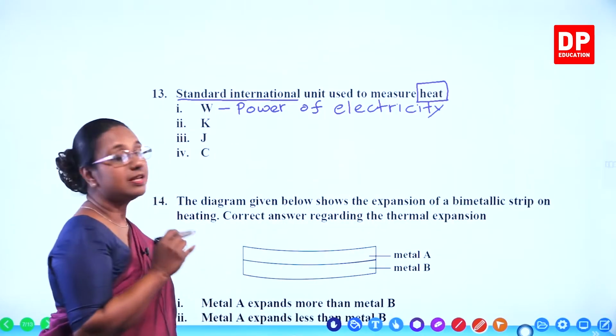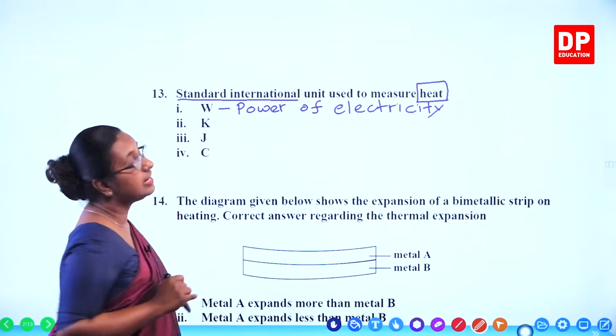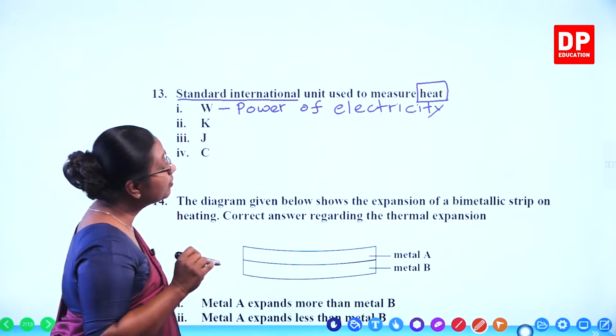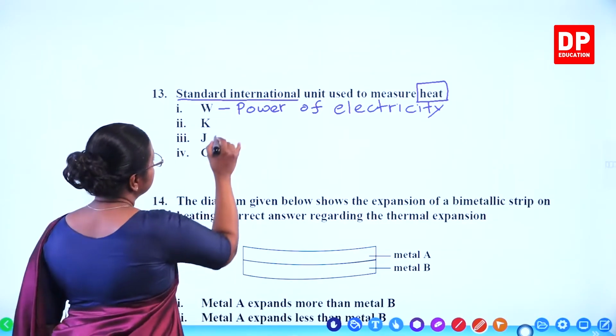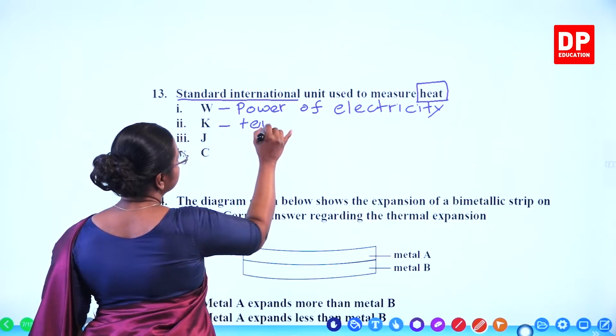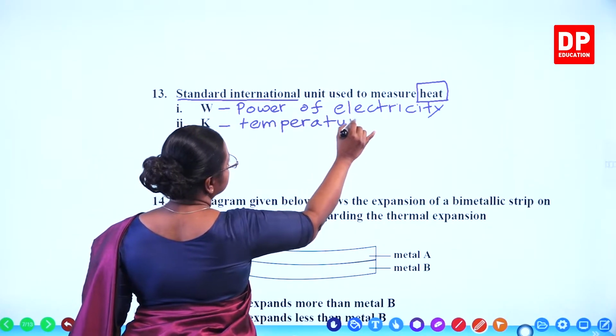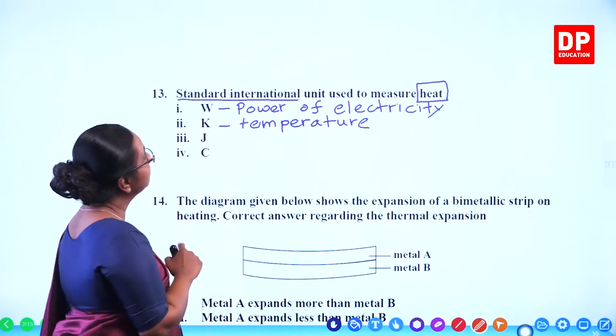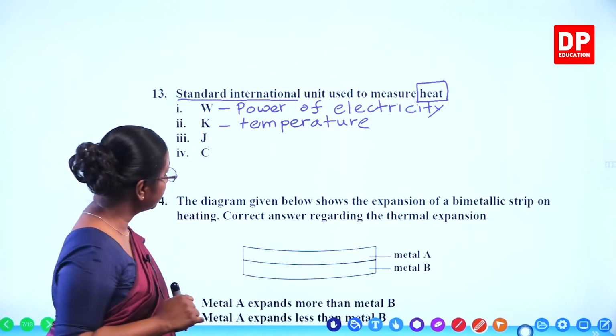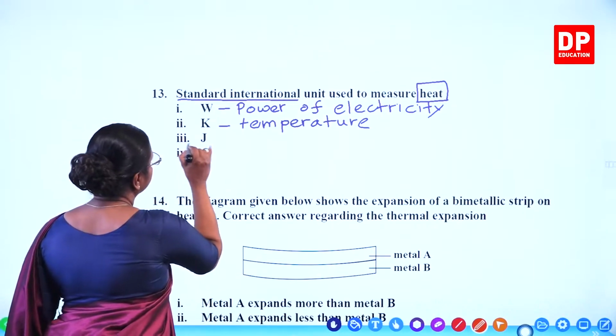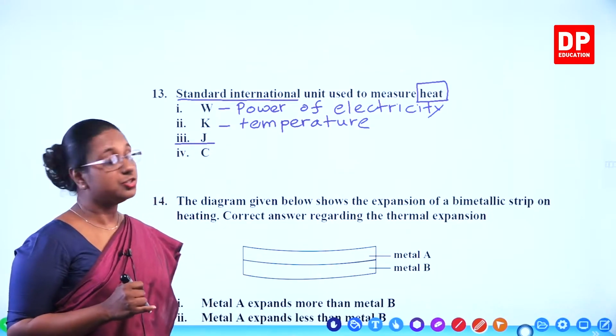Then Kelvins, yes, that is the standard international unit used to measure temperature. Then we have joules, the standard international unit used to measure heat. So that is the answer, joules.